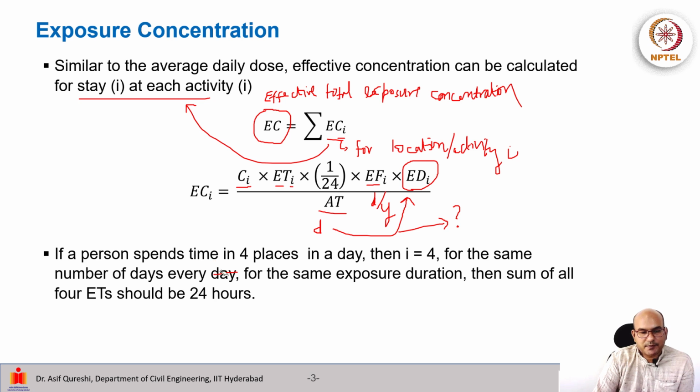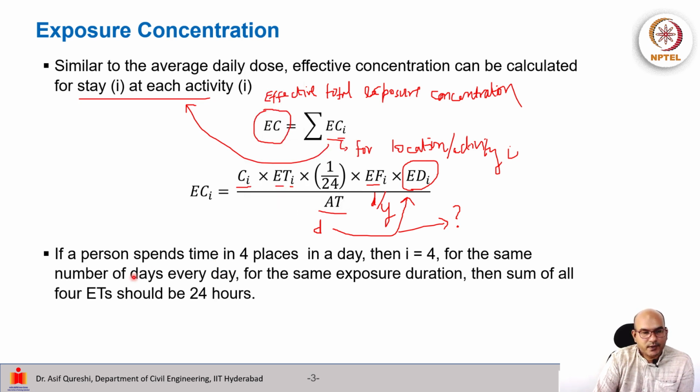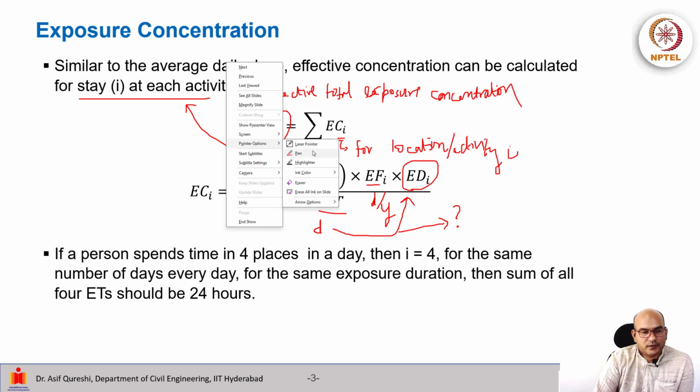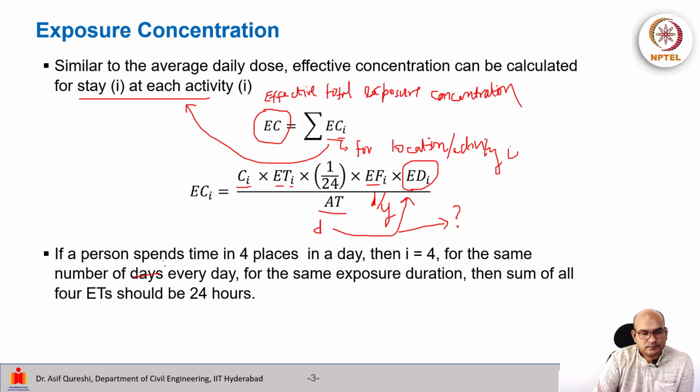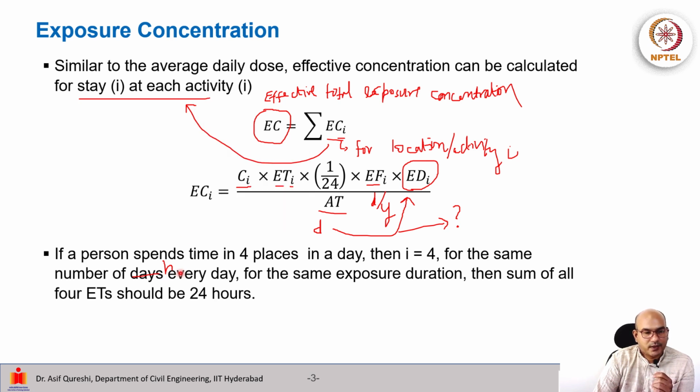So a person spends the same hours every day, let's say, or even if it changes, as long as we do it per hour. So 4 hours kitchen, 4 hours living room, 4 hours bedroom, 10 hours TV room, something of that sort that adds up to 24. Or let's say 4 hours in kitchen, 10 hours in living room, 8 hours in bedroom, 2 hours in dining room.